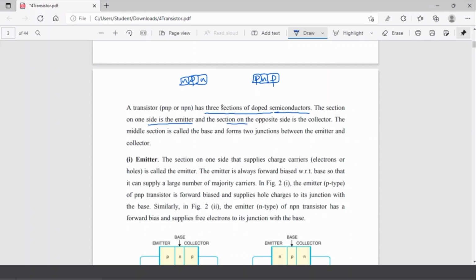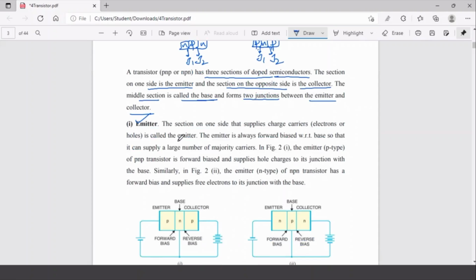The section on the opposite side is known as the collector region, and the middle section is called the base region. This base, between these two semiconductors, forms two junctions between emitter and collector. We have discussed this. This is J1 and this is J2.